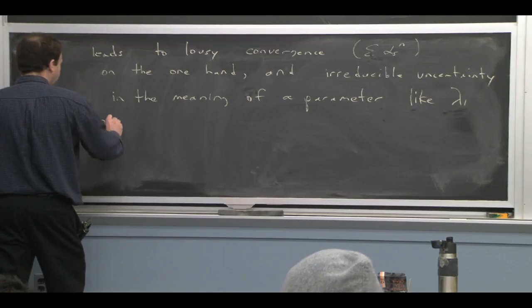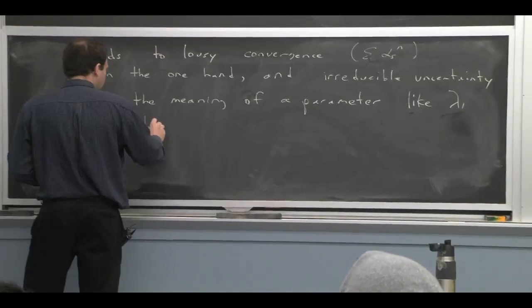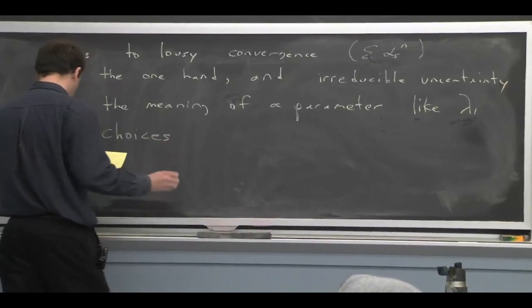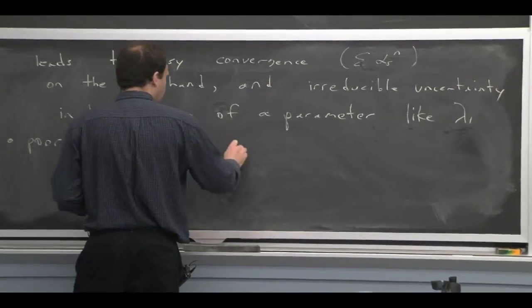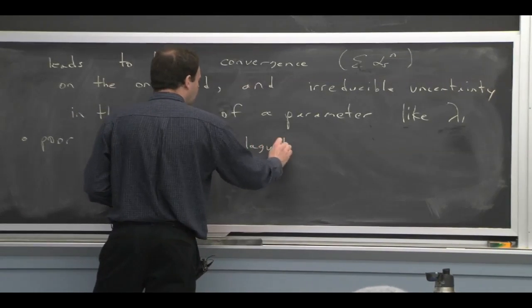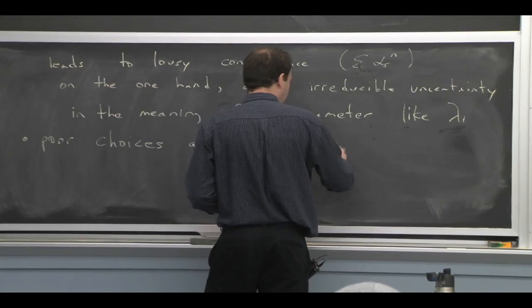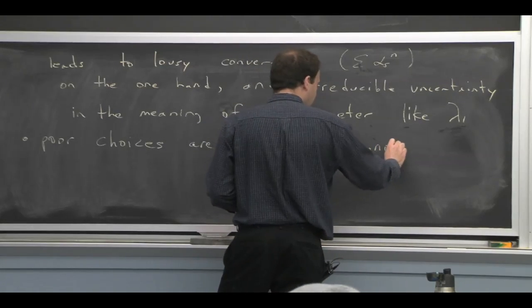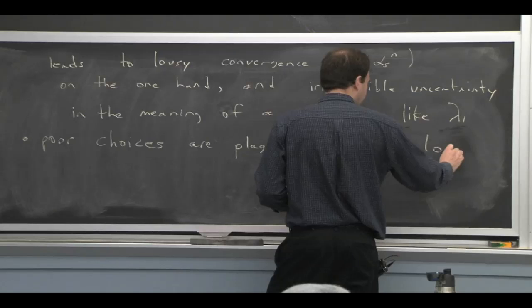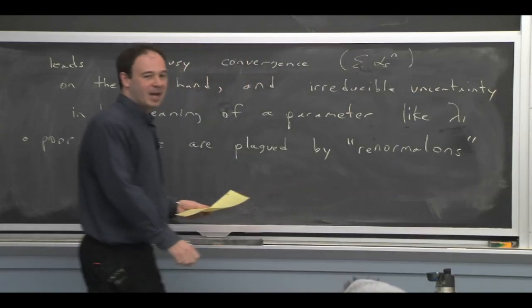And we can actually quantify that using something called renormalon techniques. So one way of saying it is that if you make a poor choice, you're plagued by something called renormalons, so they're actually something bad and you don't want them.